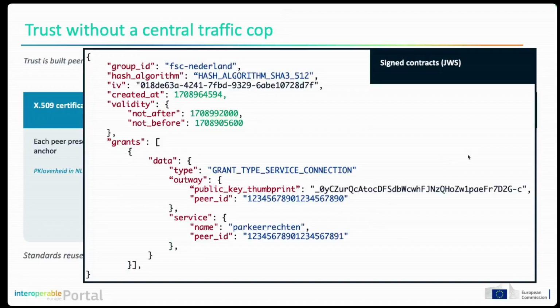And this is an example of one of those contracts. Each contract has a validity. It basically says this organization peer identifier can access this service of this peer identification number. And this contains all information for two organizations to connect to each other.